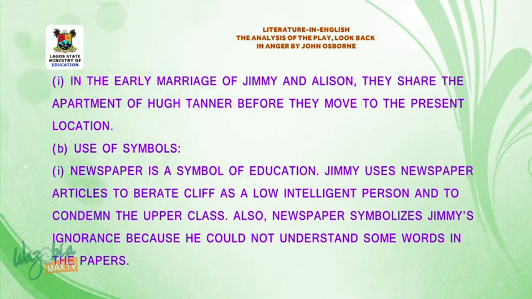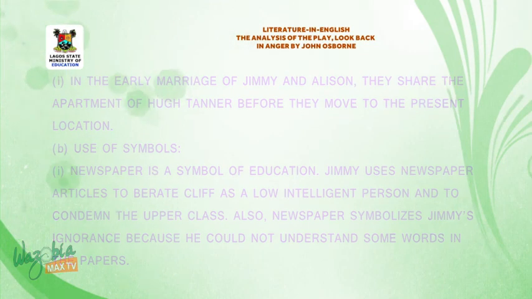B. Use of symbols. 1. Newspaper is a symbol of education. Jimmy uses newspaper articles to berate Cliff as a low-intelligent person and to condemn the upper class. Also, newspaper symbolizes Jimmy's ignorance because he could not understand some words in the papers. 2.